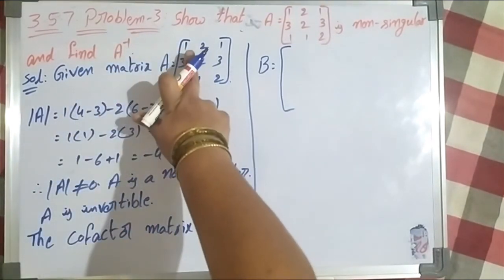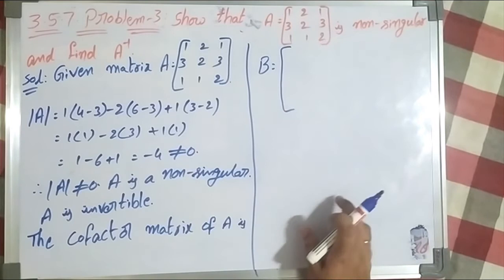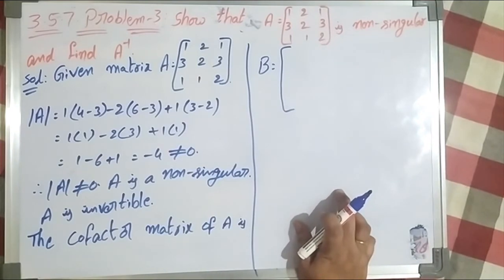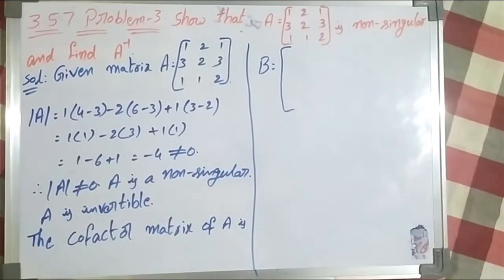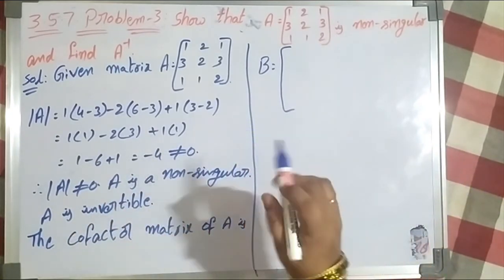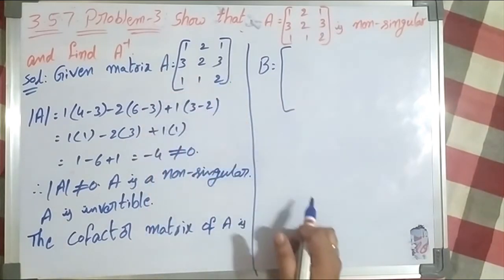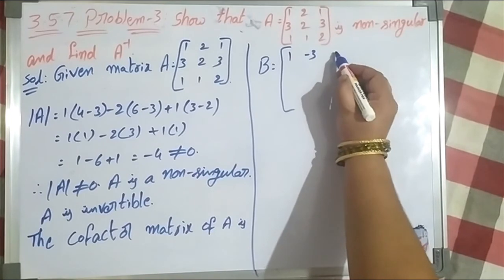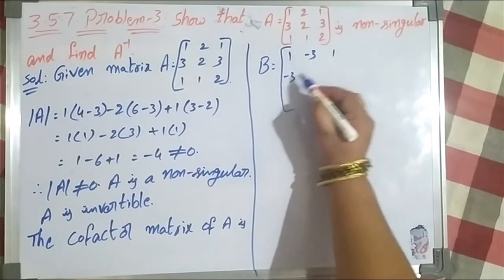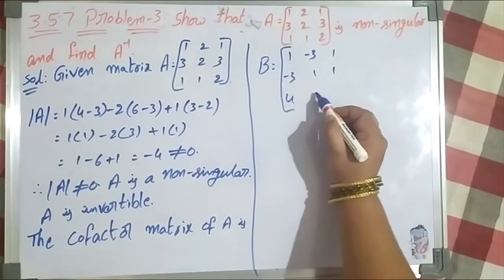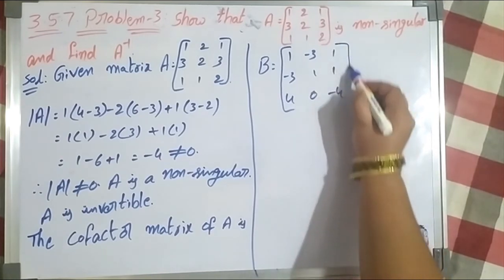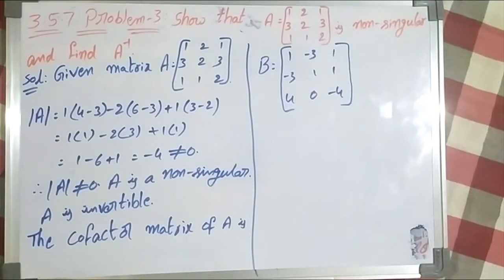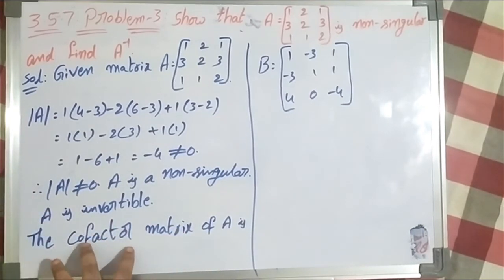First, the cofactor element of 1 is minus 1 whole power i plus j, that means 1 plus 1, 2, minus 1 whole square value is 1, plus. Then 4 minus 3, 1. Similarly, 1 minus 3, 1, 1, 4, 0, minus 4. In previous problems I explained the cofactor matrix.